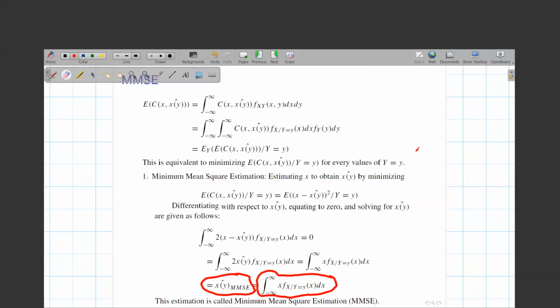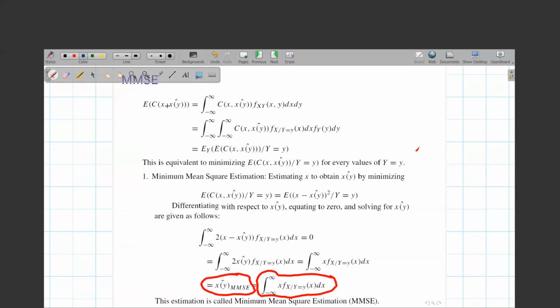Those who are interested in knowing the derivation can go through it, right? Other proofs are also available, but this particular proof is not needed to understand the depth here.